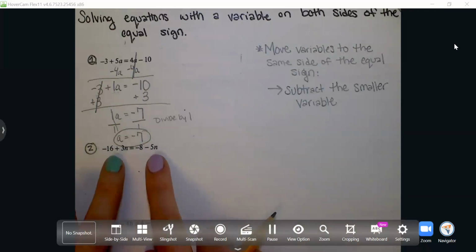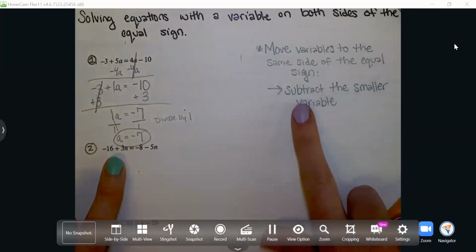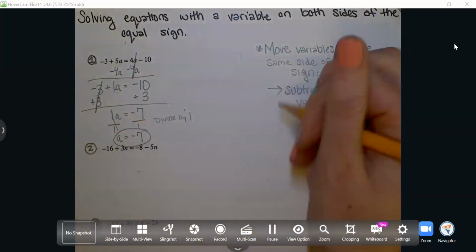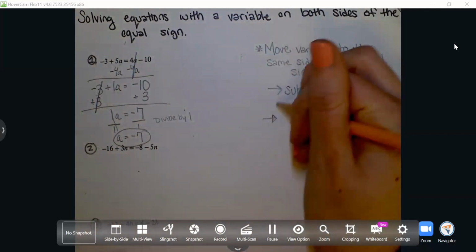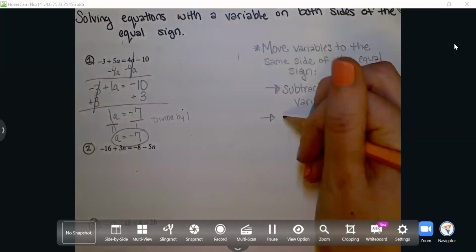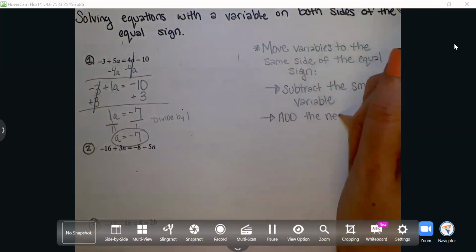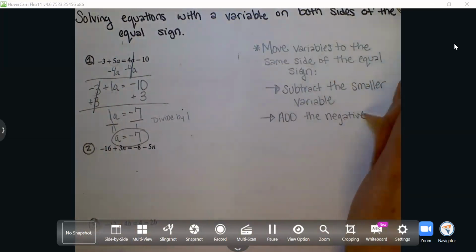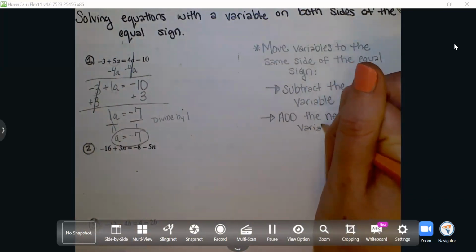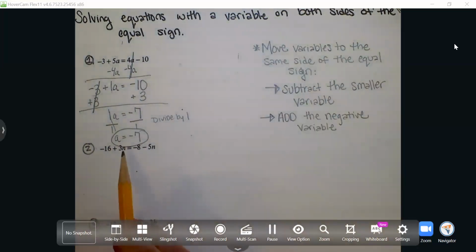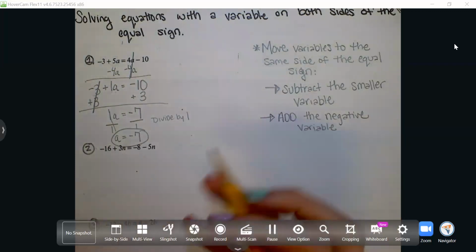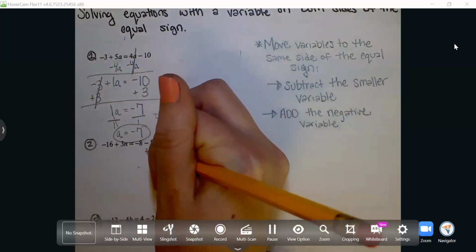My smaller number here is actually going to be the negative variable. So the other way that I can move variables to the same side is by adding the negative variable. So if I have 3n and negative 5n, I'm going to add 5n.